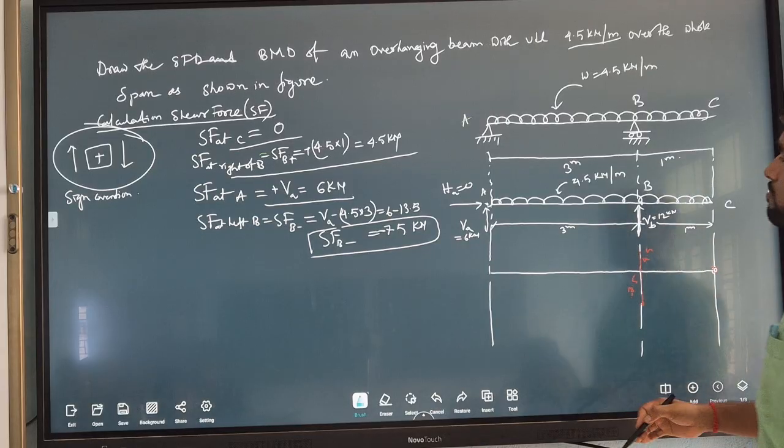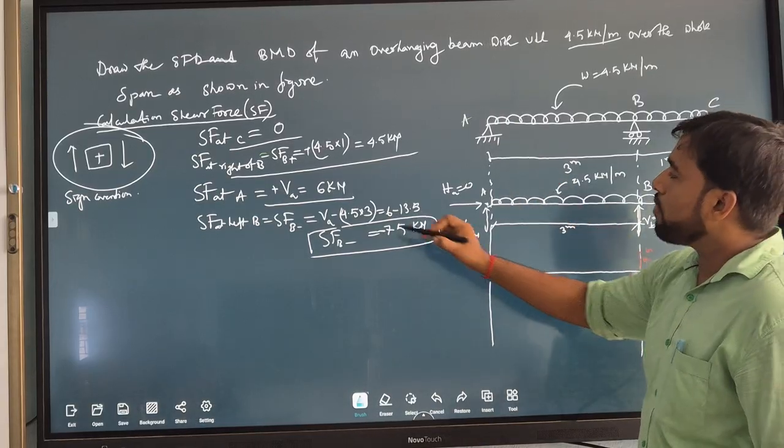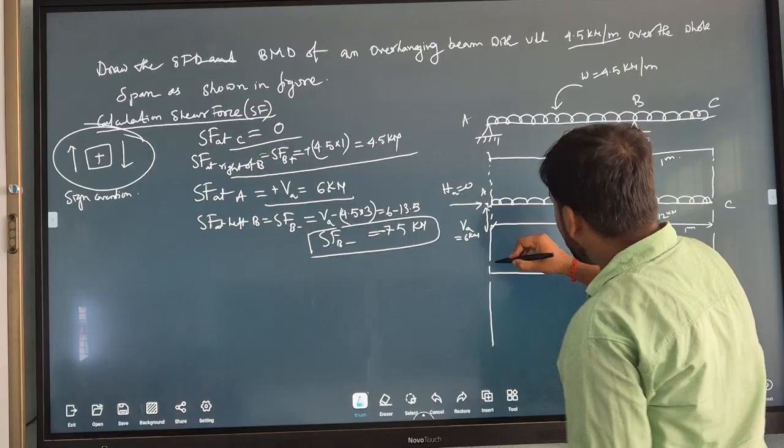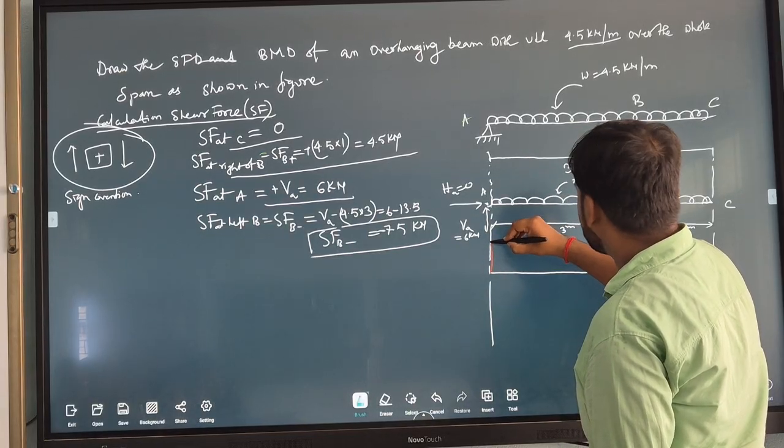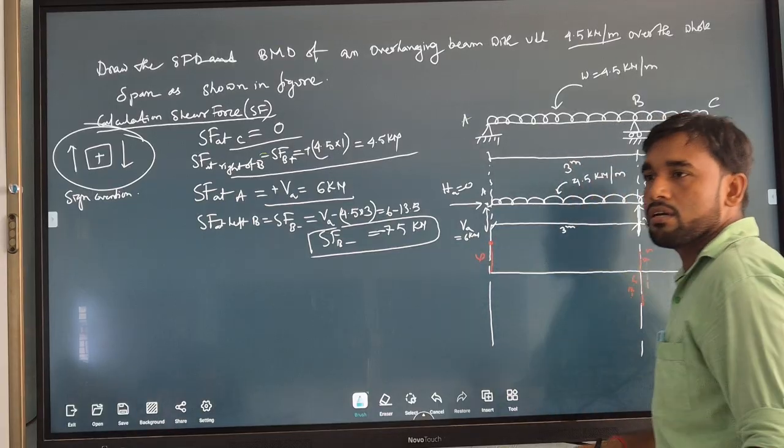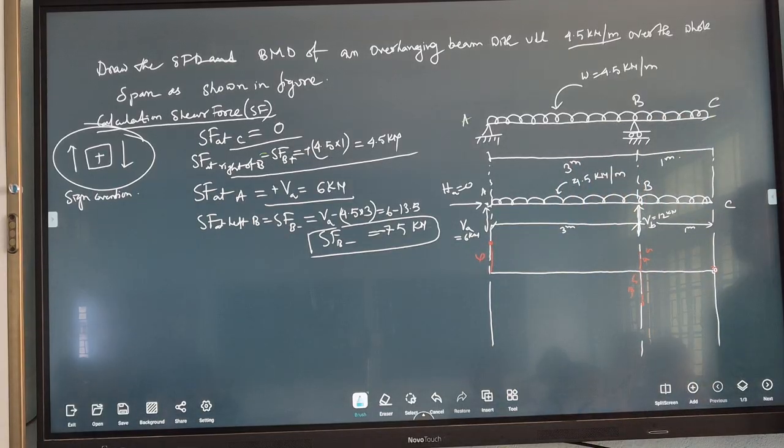Now the shear force at A, how much? Only BA, plus 6. So let's draw 6.